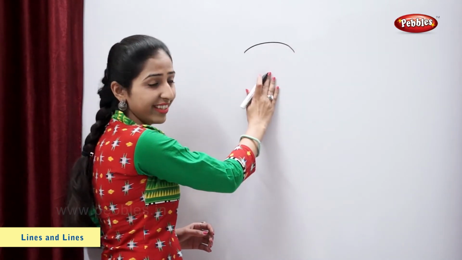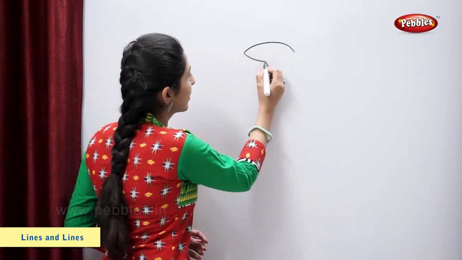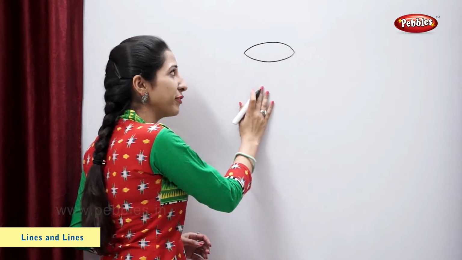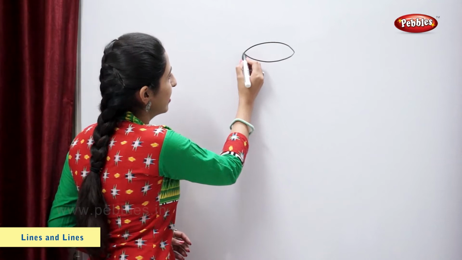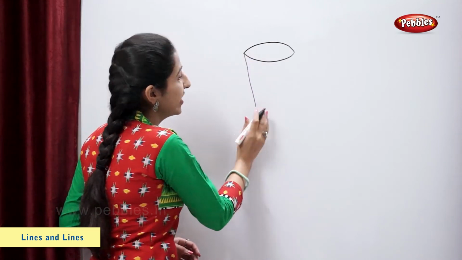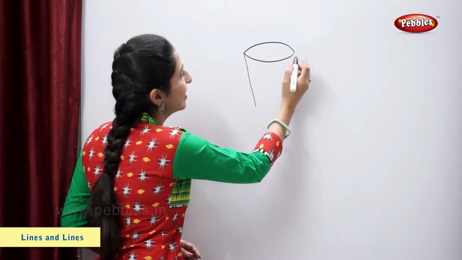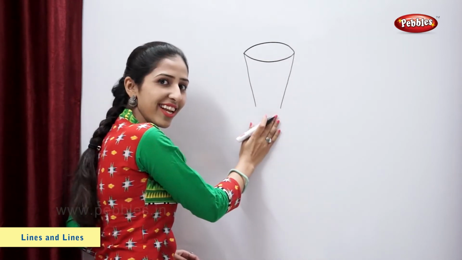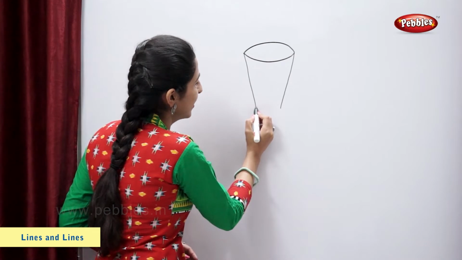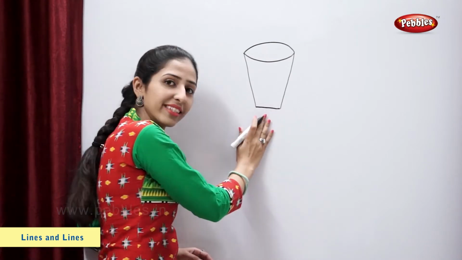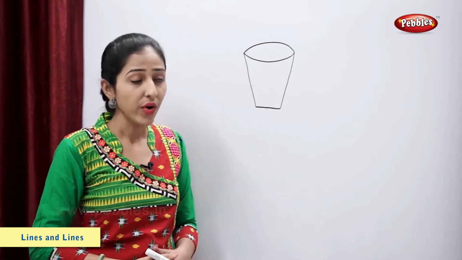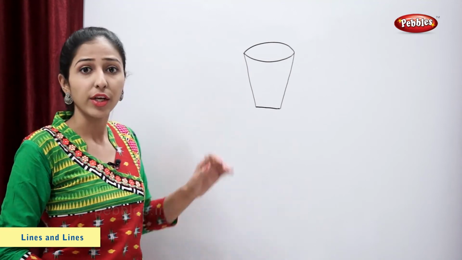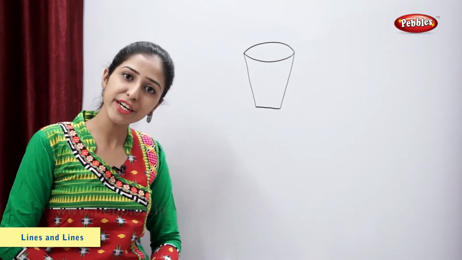A curve. Another curve. Slanting line. Another slanting line. A sleeping line. So, we have drawn this glass using lines and curves.